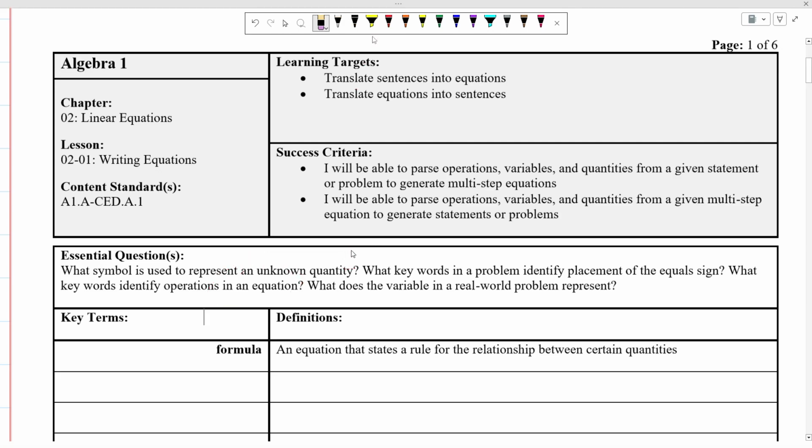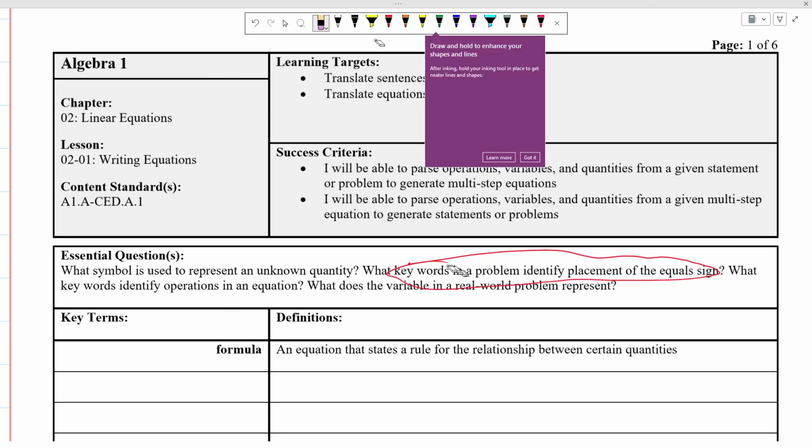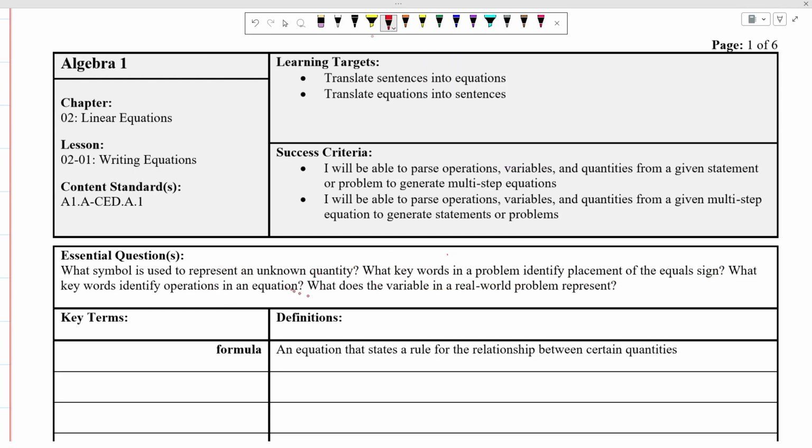What key words in a problem will identify the placement of an equal sign? What key words identify operations in an equation? And what does the variable in a real world problem represent? Keep all of that in mind, for they will guide us on our path to success.